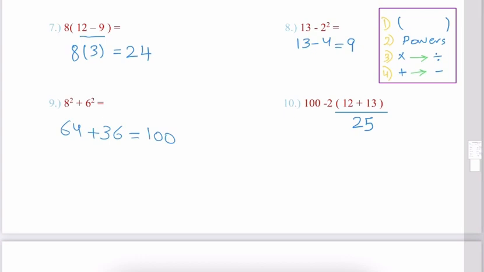Now I'm left with 100 minus 2 bracket 25. As we said, brackets means times, so now we have times and subtract. So I will multiply first 2 times 25, which is 50. Then I have 100 minus 50, which equals 50.